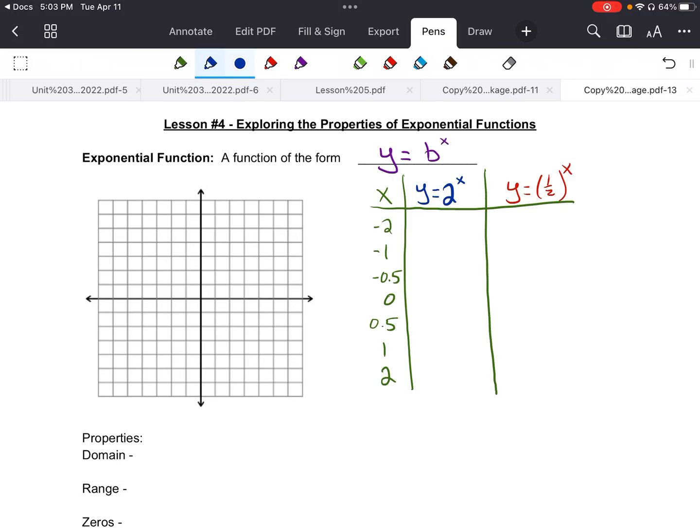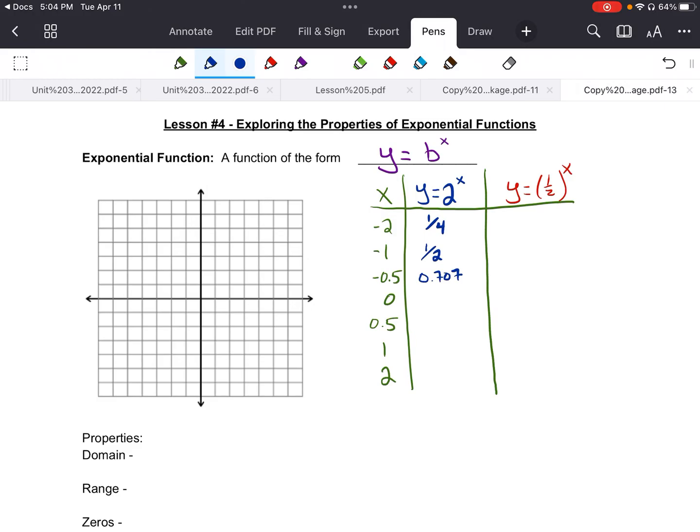Okay, so if we plug our x values into the y equals 2 to the power x equation, 2 to the power -2, remember the negative gives us a fraction, and 2 squared is 4, so this is actually 1 over 4. Then again, the negative exponent flips it up, so we have 1 over 2. And then when it's -0.5, you get 0.707.